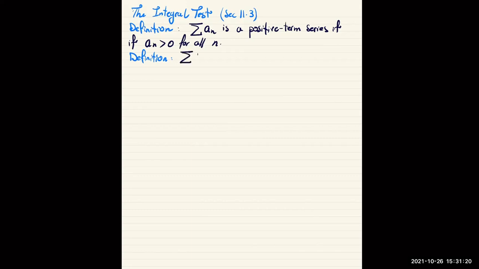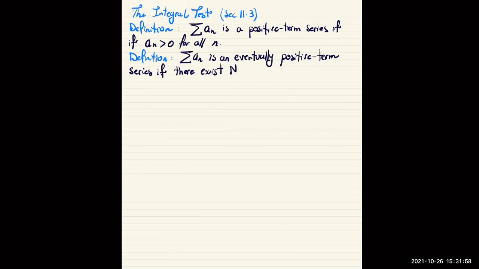So we say if you have a series, this is an eventually positive term series if there exists a capital N. This capital N could be 10, 100, 1 million, or 10 trillion.